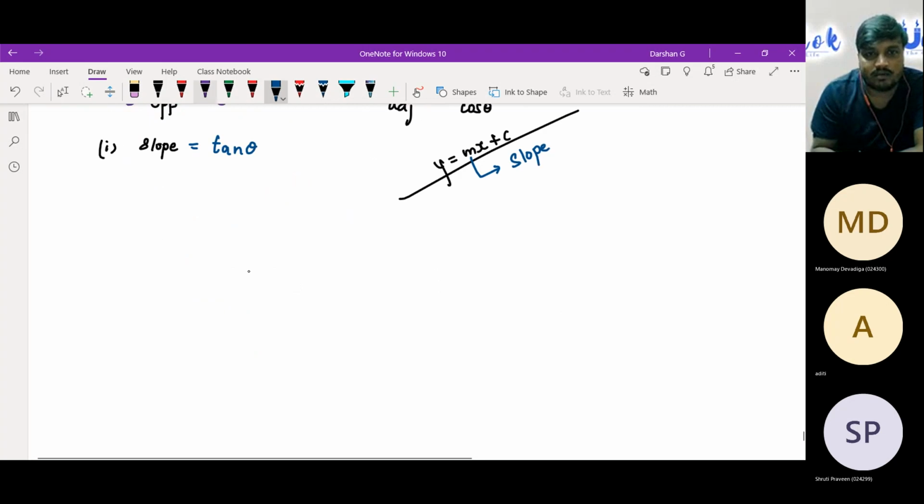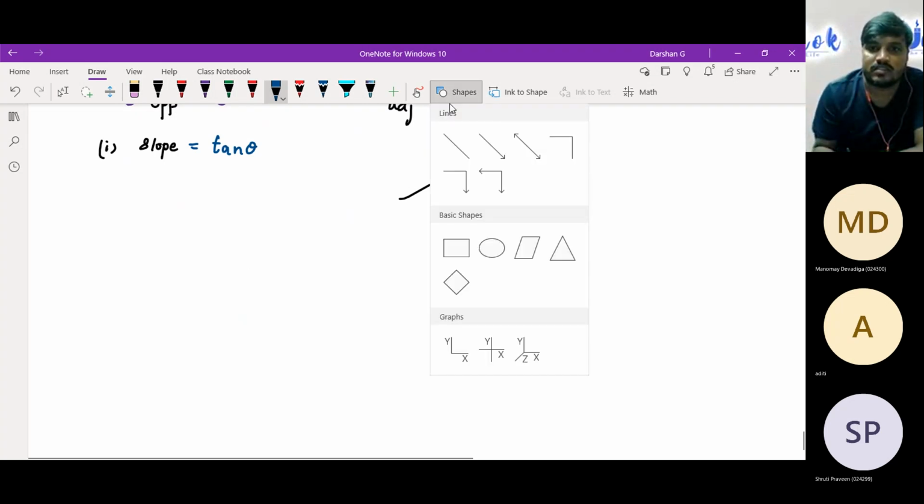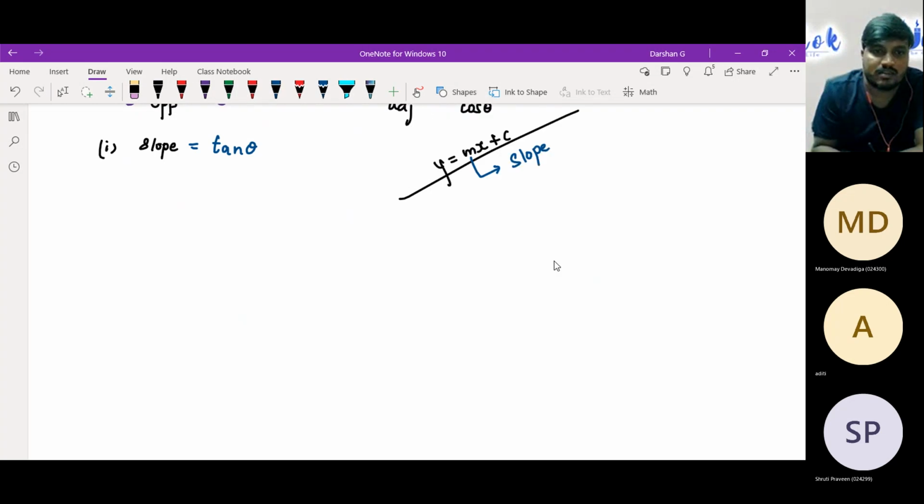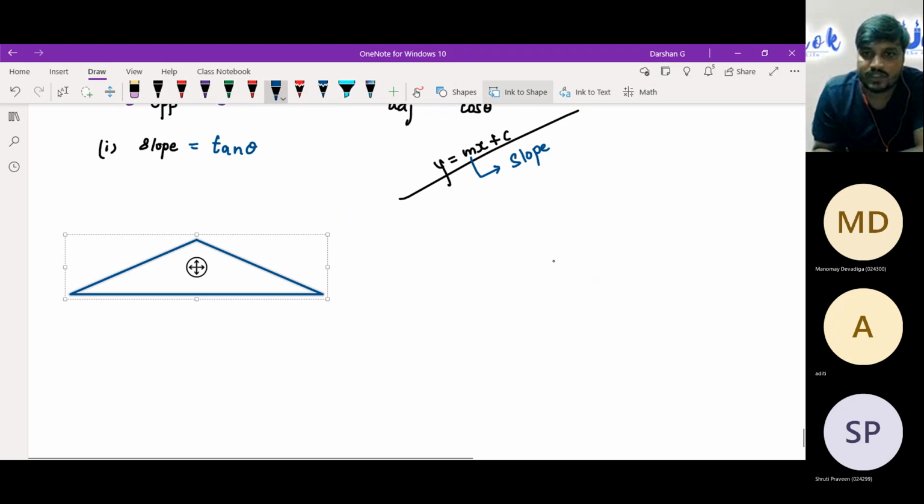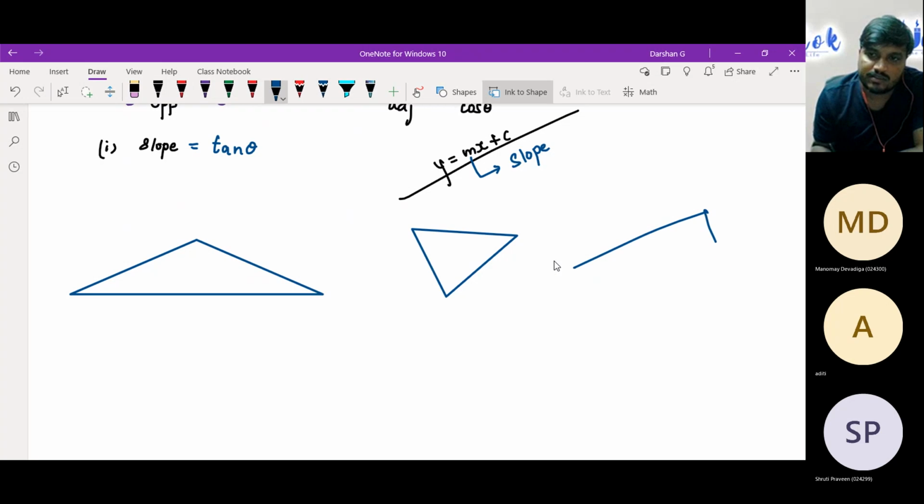Now let's take an example. I'll give three triangles, so you are three people here. You have to tell me properly what the side is, or what the given angle is. The first triangle looks like this, the second triangle looks something like this, and the third triangle looks something like this.